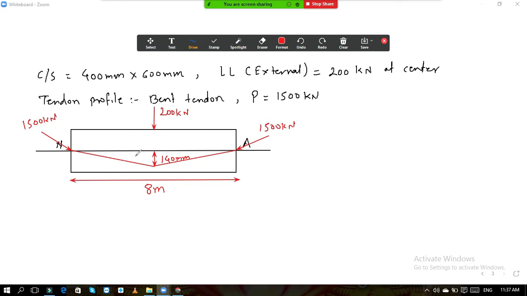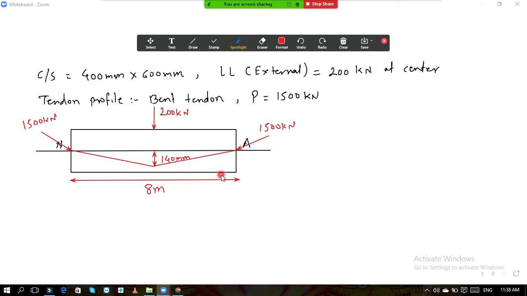Now we are going to solve this numerical by the strength concept, and we will see what we get. Your tendon line is the P line. Here we will imagine that our P line is at this level, at this eccentricity. Now we want to calculate the position of the C line.